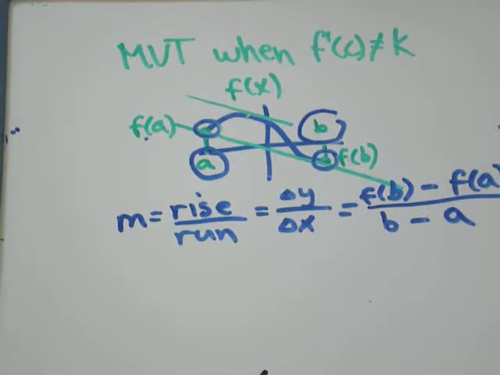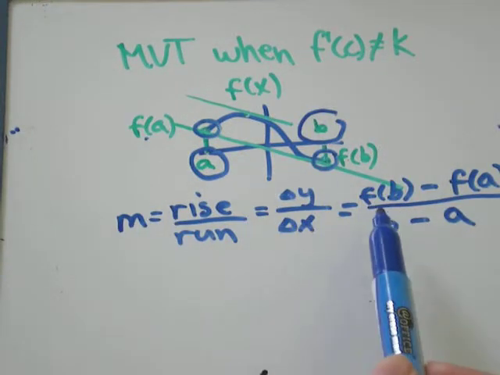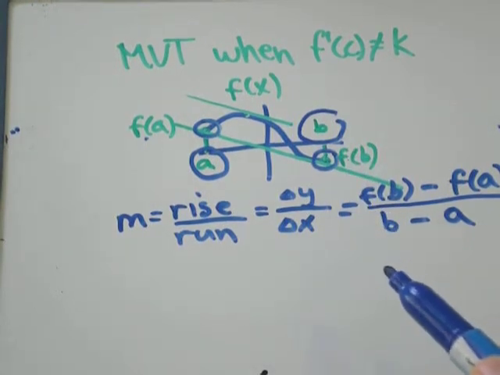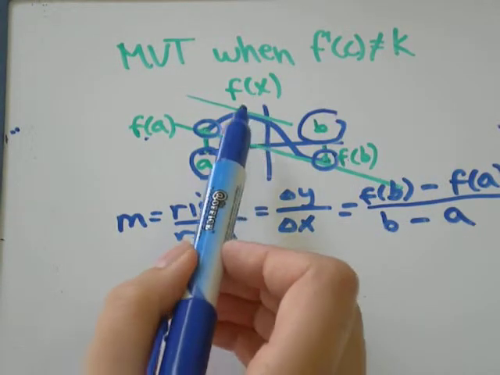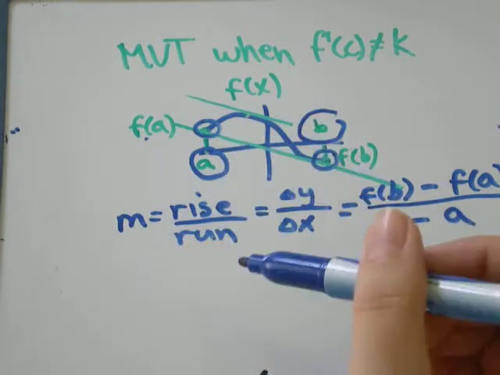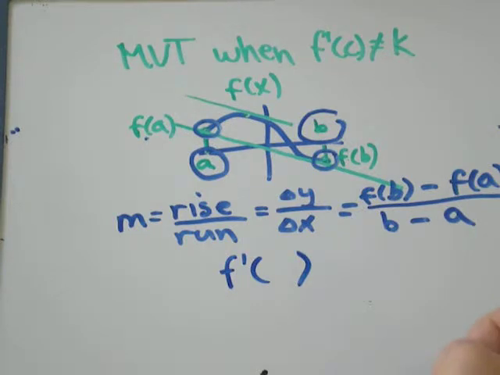So the only thing you need to keep in mind for the mean value theorem is that this slope that we just found, f of b minus f of a over b minus a, is the same as the slope of the tangent line at the point. And we know that we find slopes of tangent lines by taking the derivative.